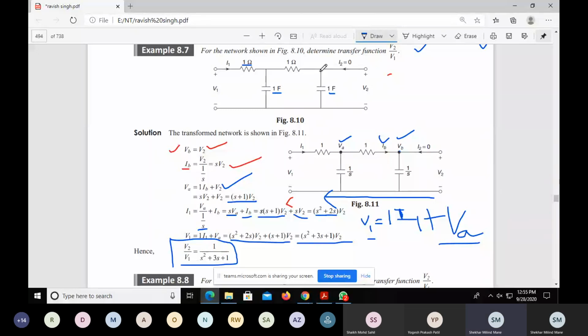First we write VB in terms of V2, then IB in terms of V2, then VA in terms of V2, then we calculate I1 in terms of V2, and finally we write V1 in terms of V2. So from right to left, you have to analyze this circuit.